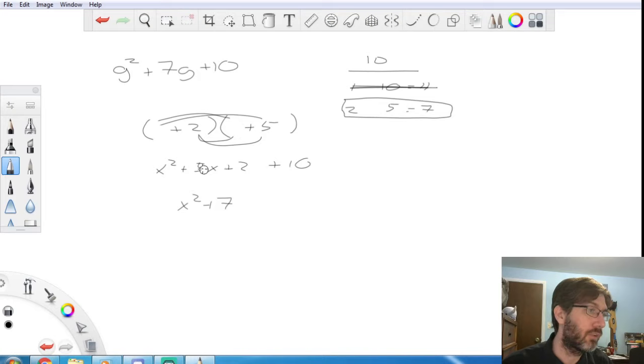I'm just used to using x for everything. That's g squared. That's 5g. That's 2g. This is g squared plus 7g and plus 10. And you can see it goes back to the original on what we wanted.